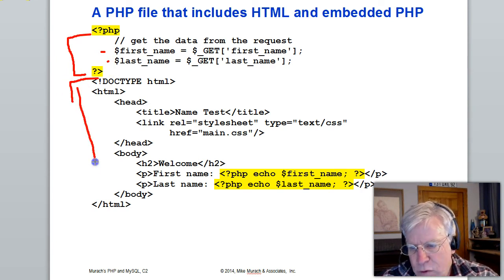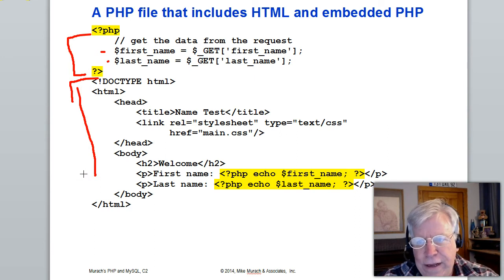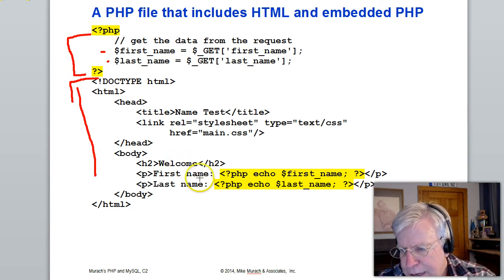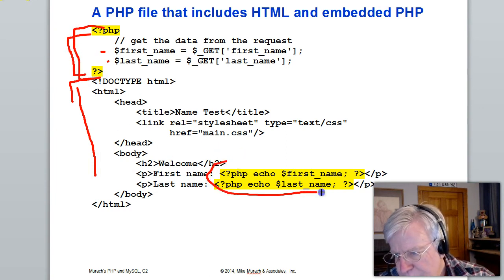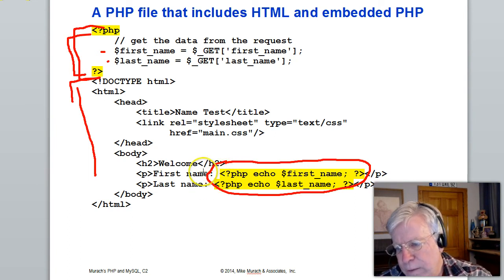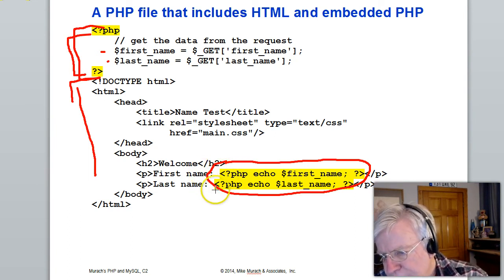Now here we have a whole lot of straight HTML, and PHP code embedded in it. PHP code lives outside of the HTML, and also inside, embedded in the HTML. Here it's saying, start my PHP, run the command echo, which is like a print statement, and show last name.